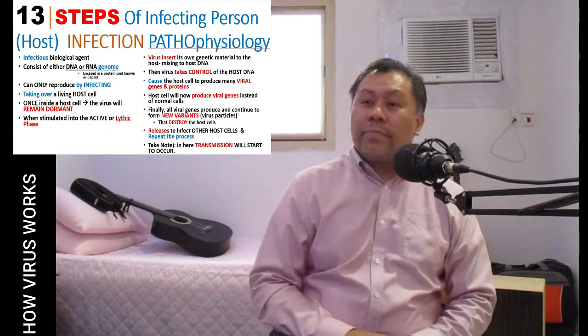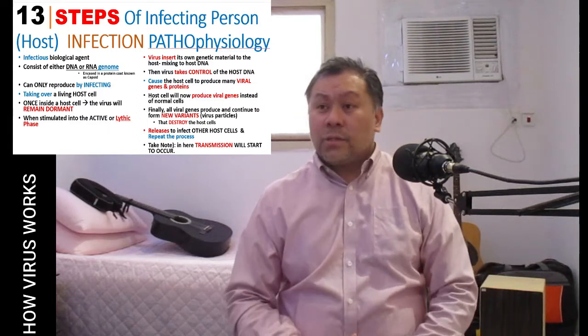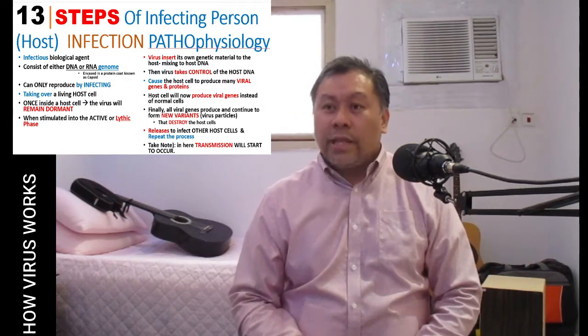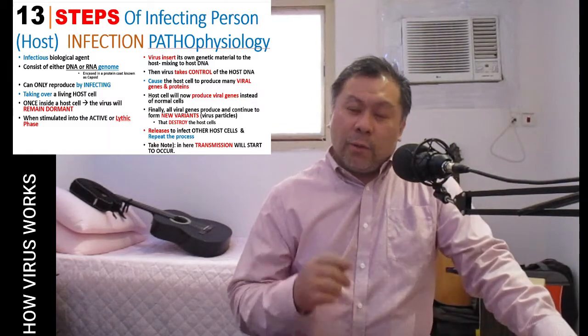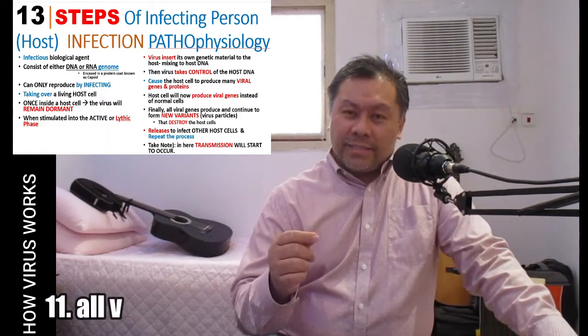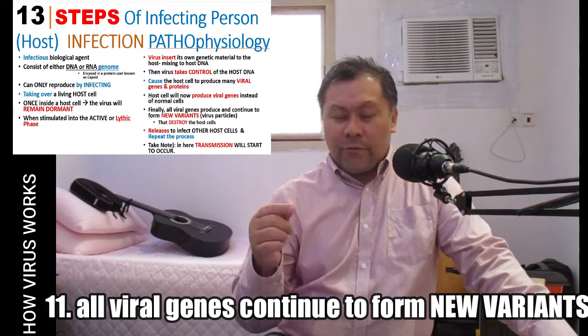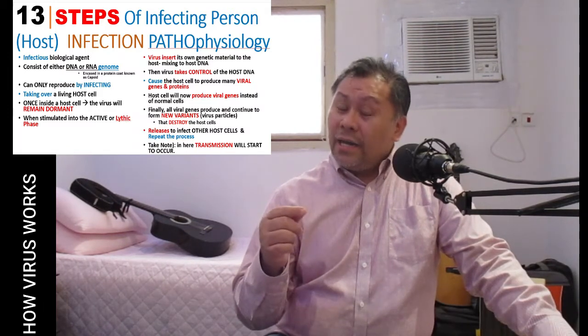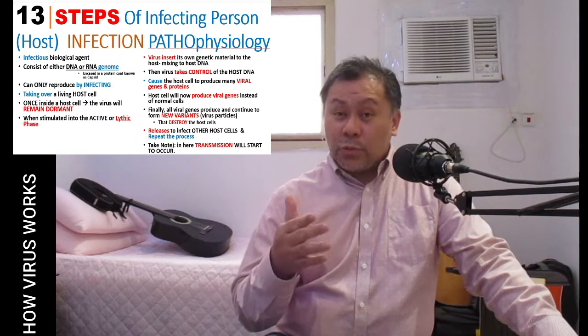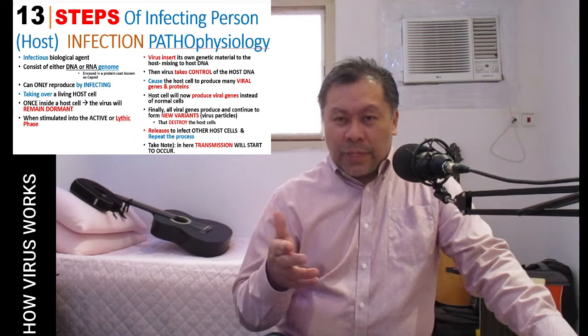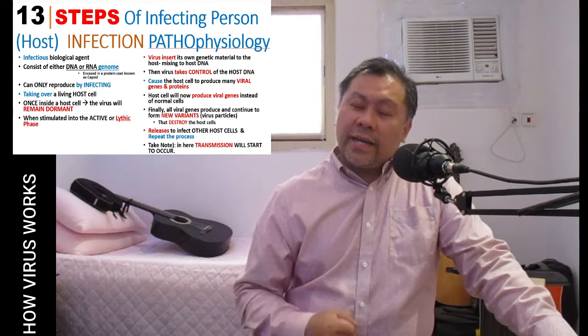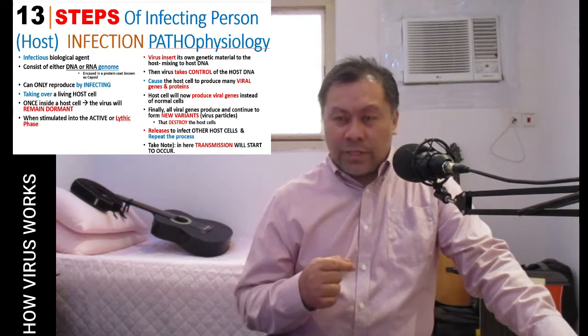So finally, all the viral genes will be produced and continue to form what we call new variants. So that's why we receive information that the virus is producing new variants. So this is the basic characteristic in the cycle of infection.